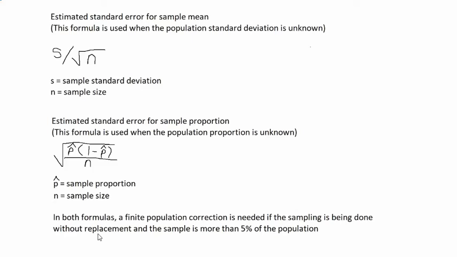And the reason why all of the examples I'm covering in this class involve sampling without replacement is because in a real survey situation in which data is being collected from a sample of people, you wouldn't sample with replacement.